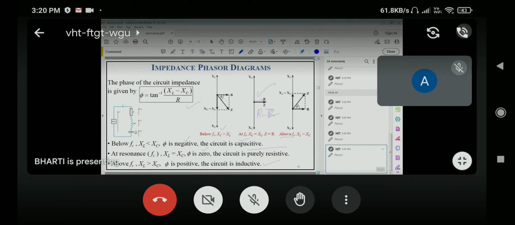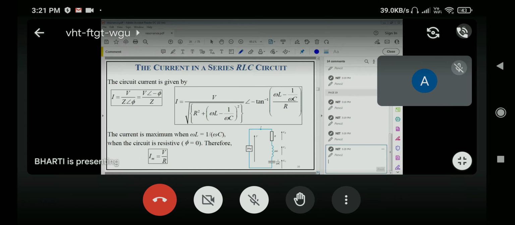After that we can see the phasor, or the phase of the circuit impedance, which can be given by these three conditions. One is if the frequency is below FR, at that time the circuit will be capacitive. At resonant frequency, where XL is equal to XC, it will be purely resistive. And third, when it is above FR, it will be inductive.